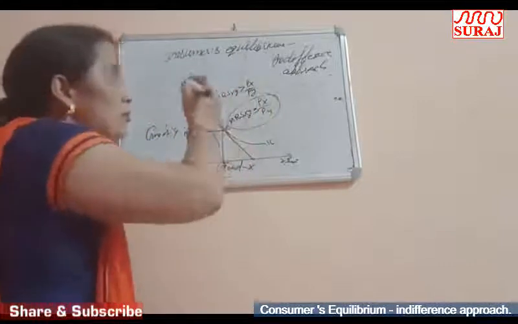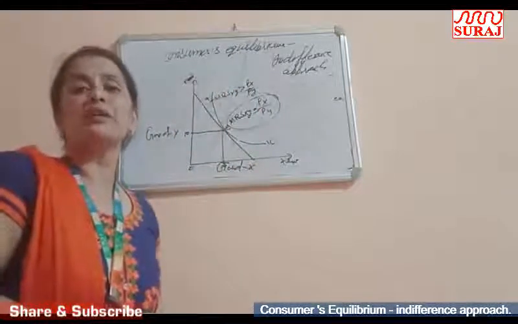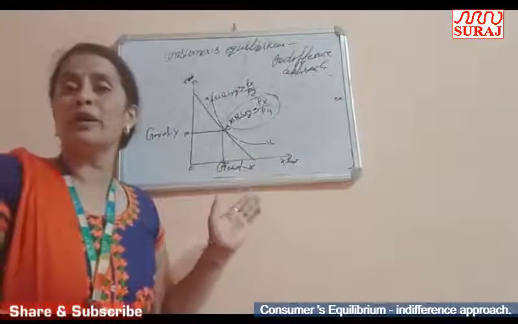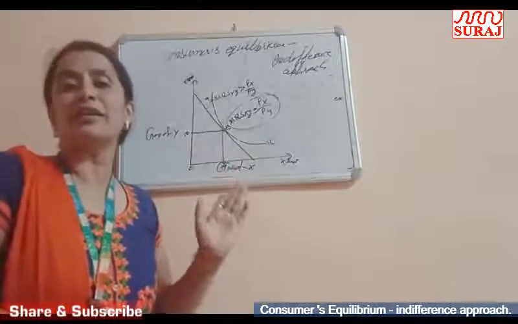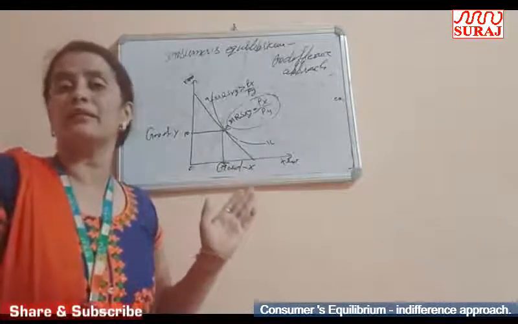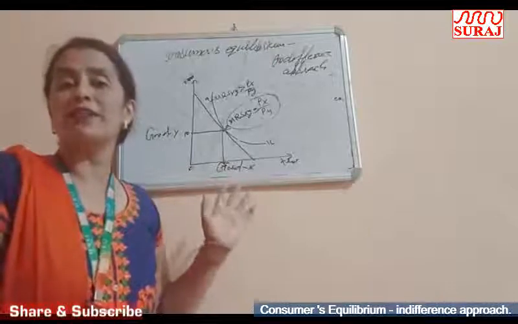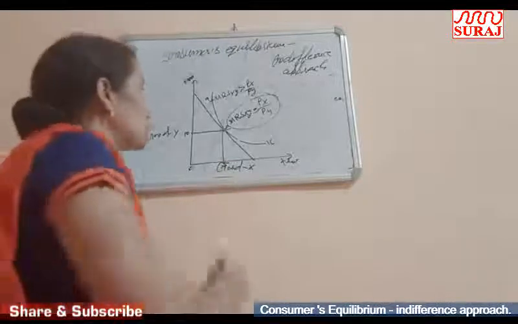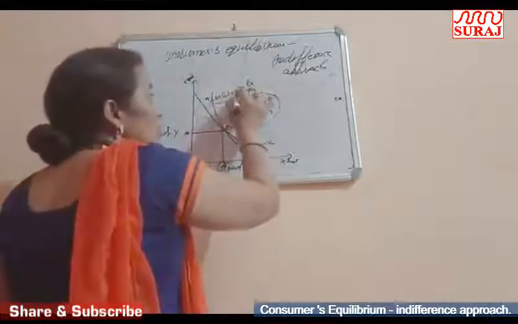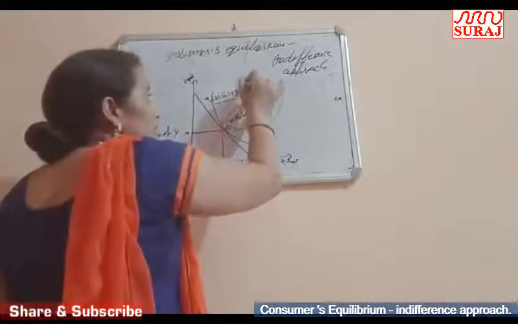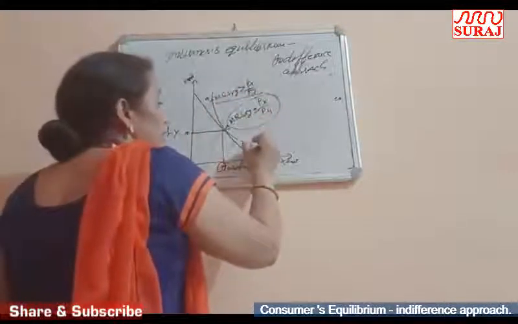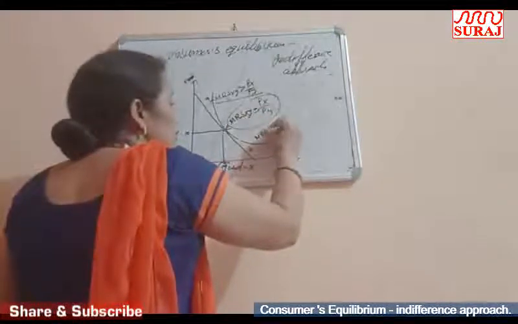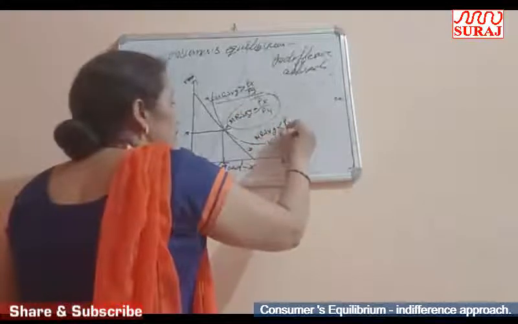If we move upward along the IC, the marginal rate of substitution continuously increases, and if we move downward along the IC, it continuously declines, because the slope of IC depends on the diminishing marginal rate of substitution. So at point A, the marginal rate of substitution is more than Px upon Py, and at the second point B, below point E, the marginal rate of substitution of x and y is less than Px upon Py.